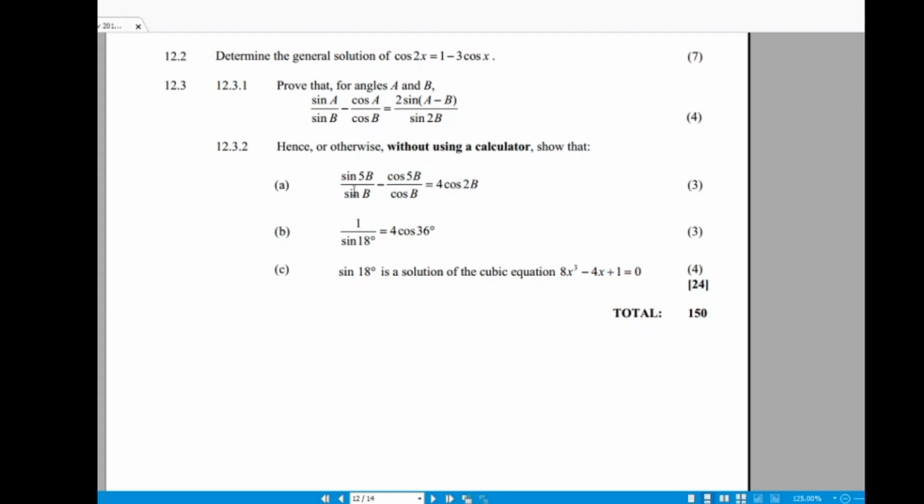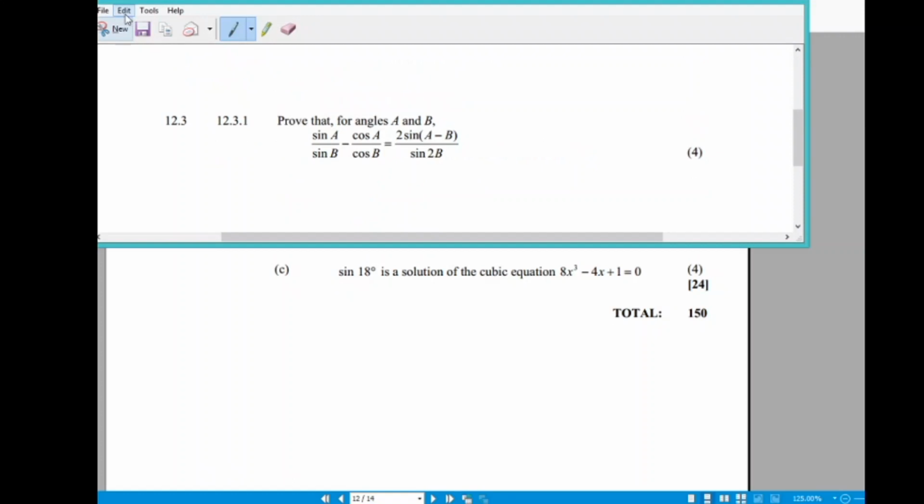Here you have sine 5b over sine b, there you have sine A over sine b. And then you minus cos 5b over cos b, there you have cos A over cos b. So notice in place of A, now we have 5b. Instead of saying sine A, it is sine 5b. And instead of saying cos A, it is cos 5b, right? And then it means that A is equals to 5b in this question, right?